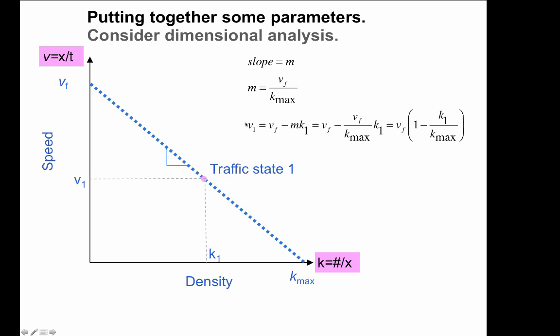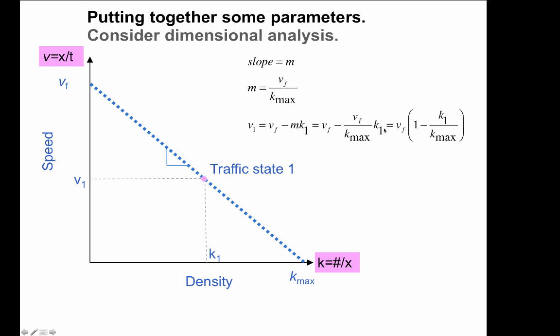So a theory, as we're talking about here, a theory of traffic flow allows you to predict one variable given another variable. In this case, the slope of the relation we'll call M, which is V sub F divided by K max. So if we know this relation, and if we know K1, we can calculate V1, which is just V sub F minus M times K1.